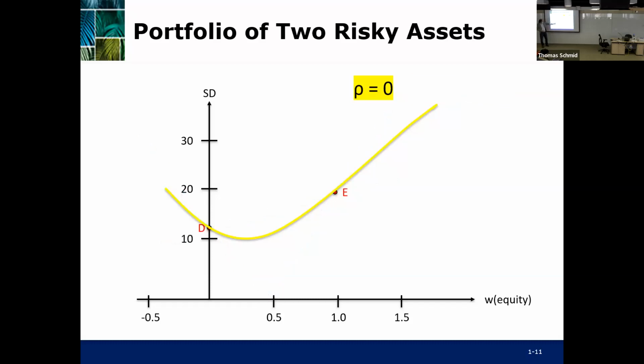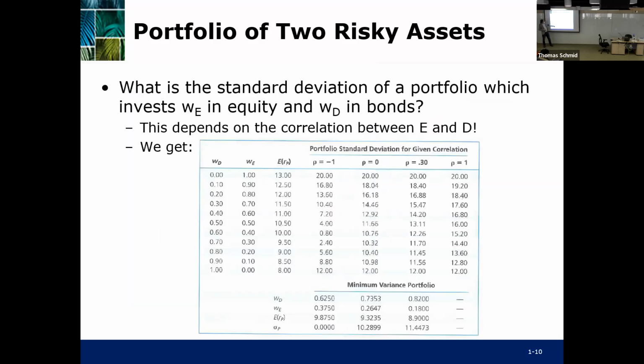What this also shows is that even for non-extreme cases, even for a 0 correlation, it's quite possible that we can form a portfolio of the debt and equity fund, and the resulting portfolio would have a lower risk than both the debt and the equity fund. The debt fund has 12%, but you can form a portfolio of the debt and the equity fund that only has a risk of 10.76% or 10.32%.